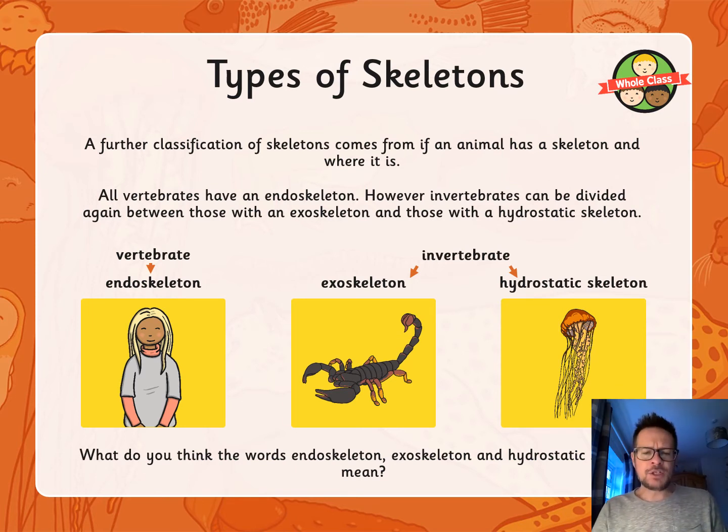I know that endo means in, because I remember that endotherms are animals that make their own heat, just like humans do. We create our own heat from inside our bodies.